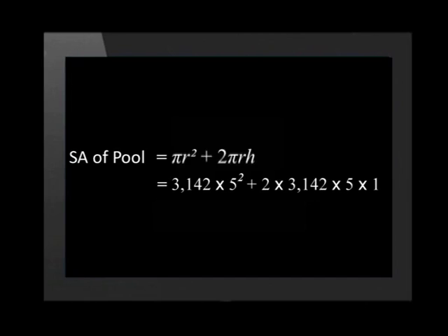The solution works out to be 109,97 square meters. It is practical to round this off to the nearest meter so we can get 110 square meters. We do this because construction calculations are usually done in square meters.